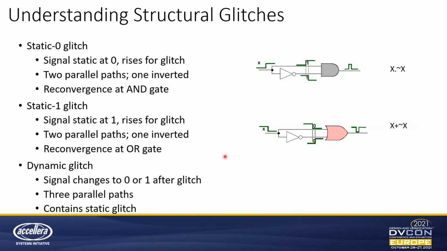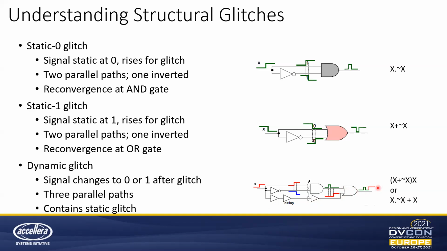The third type of glitch is known as the dynamic glitch. By dynamic, we mean the value changes not only once, but more than once. Here the signal X changes value more than once before going to its steady-state value. A dynamic glitch itself contains a static glitch. Here you can see the upper two paths combining to create a static 0 glitch, and then an additional third path, which introduces some delay, converges at an OR gate to introduce a dynamic glitch.